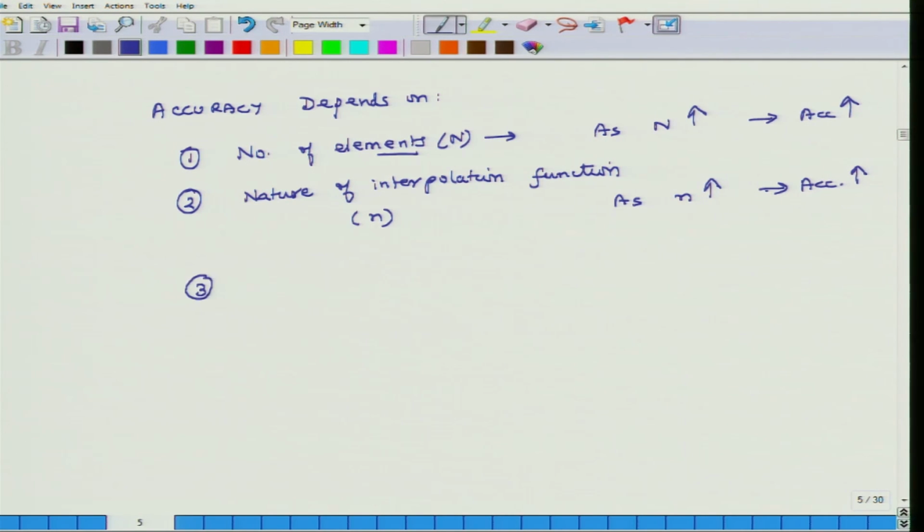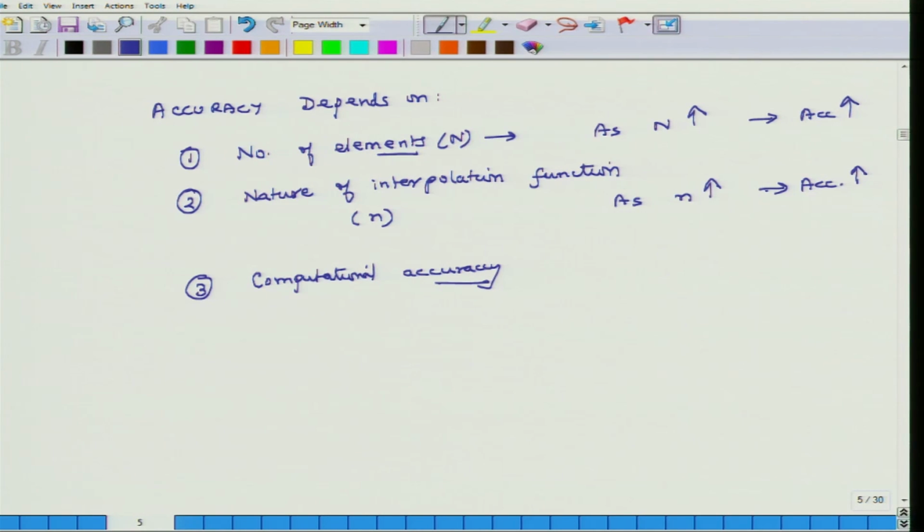And the third thing is computational accuracy. And what does this mean? Suppose you are dividing 4 by 3. You can have several answers. One would be 1, another answer would be 1.3, another answer would be 1.33, another answer would be 1.333.